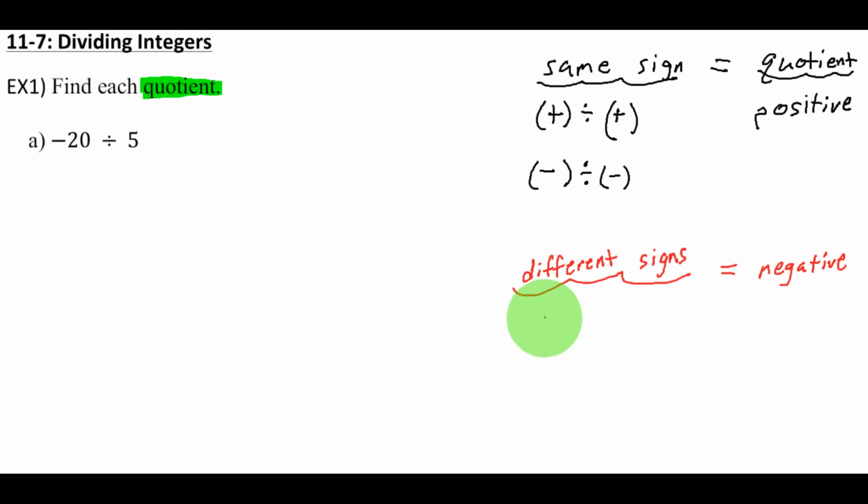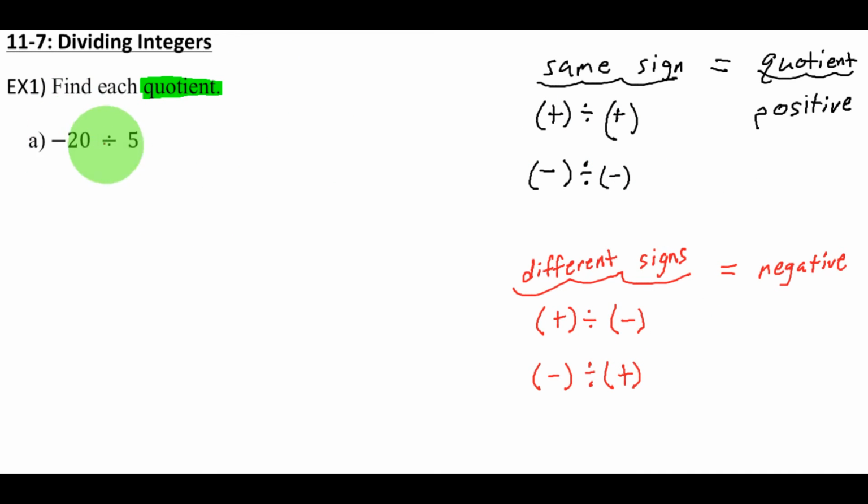So let's take a look at a couple of examples here. If I have a positive value that's divided by a negative value, these have different signs, so I'll have a negative answer. Or if I have a negative value divided by a positive value, my answer again will be negative. Let's keep this in mind when going through these first problems here.